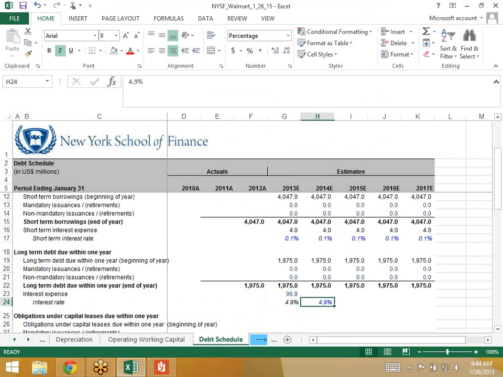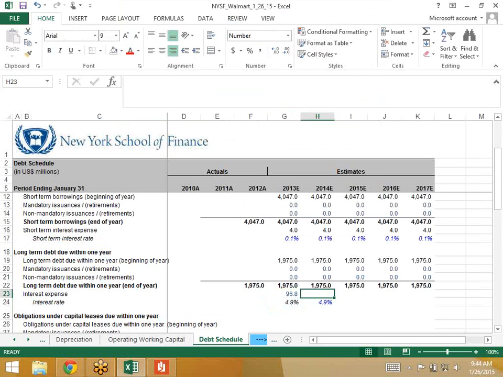Okay, I guess in the book I didn't hard code 4.9. I did H24 equals G24. It gives you a little bit of a rounding difference. It would be 4.9356, whatever it could be. So just to match the numbers specifically, that'll adjust it a little bit. H24 equals G24.